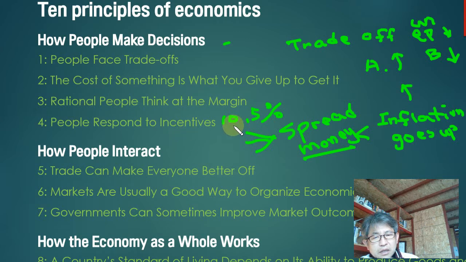Then in the market, the fiscal condition will be better. More people earn more money, then they spend more money. Then demand, the buying and purchasing amount, will increase and be higher than before.